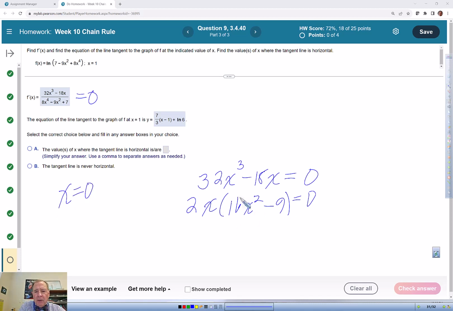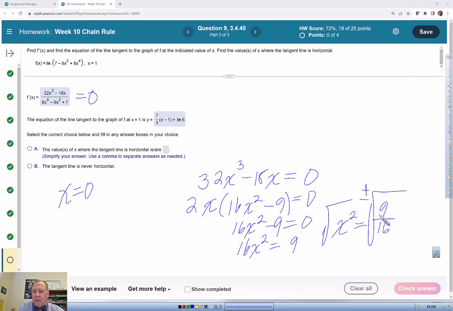And then for this product of two things to equal 0, 16x squared minus 9 has to equal 0. I'm going to add 9 to both sides. So x squared equals 9 over 16. If I take the square root of both sides, solving an equation, I have to add plus or minus.